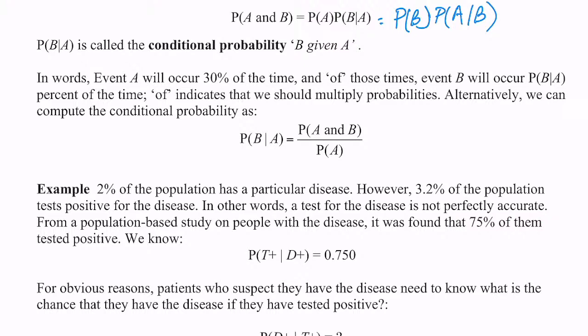From a population-based study on people with the disease, it was found that 75% of them tested positive. So, we know that from people with the disease, 75% had a positive test.